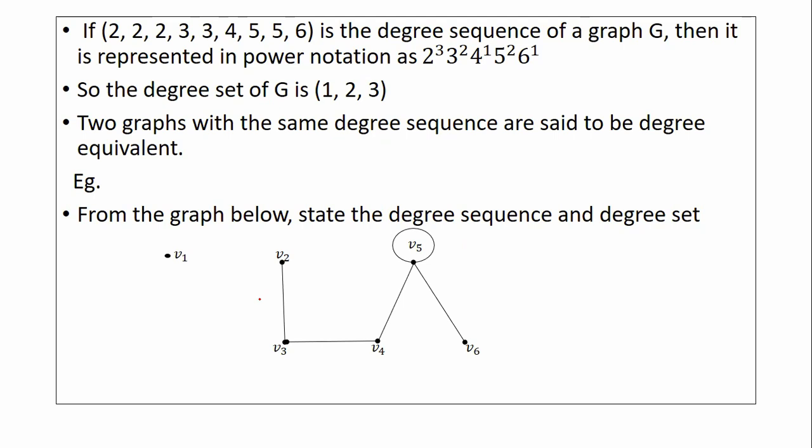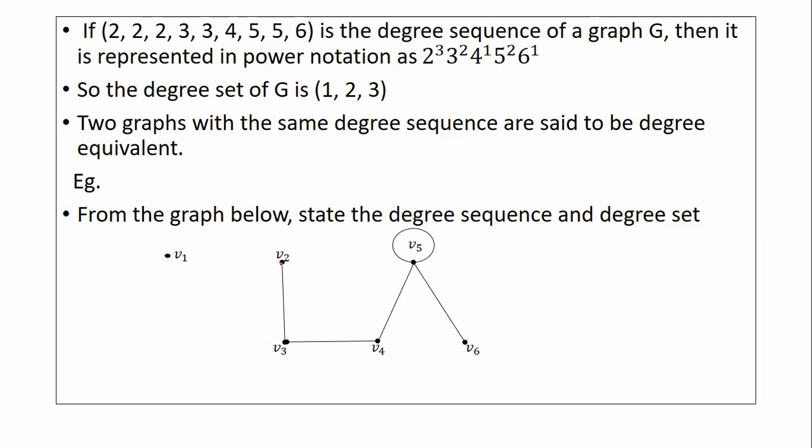I could see that V1 is an isolated vertex. So for V1 there's no connection to the other vertices. Therefore, the row for V1 will be 0 throughout, and the column under V1 will also be 0 throughout. You agree? Good.